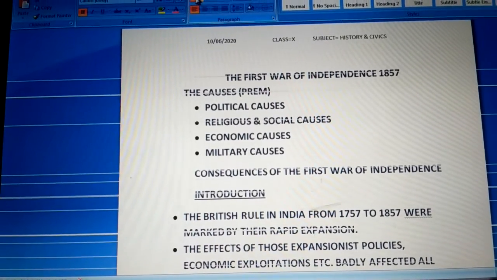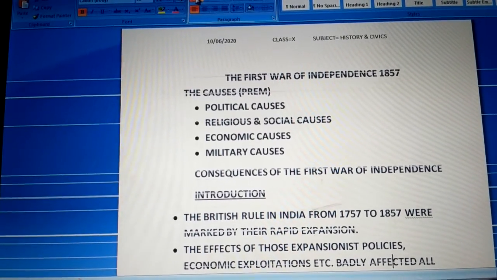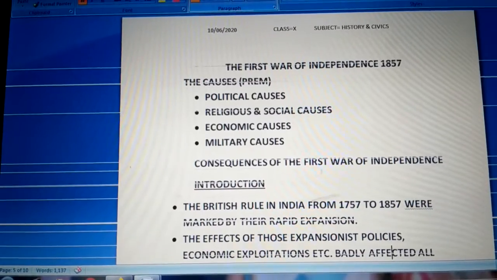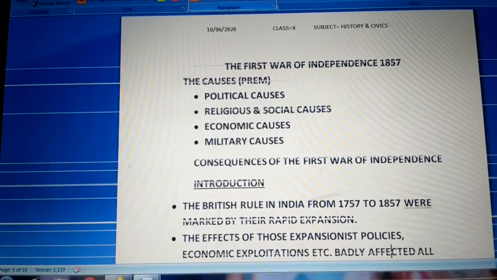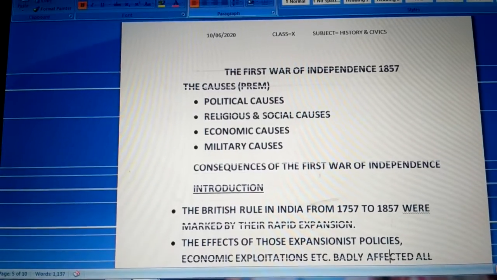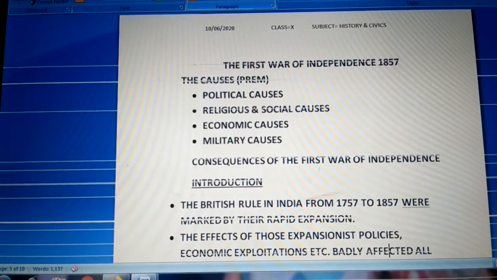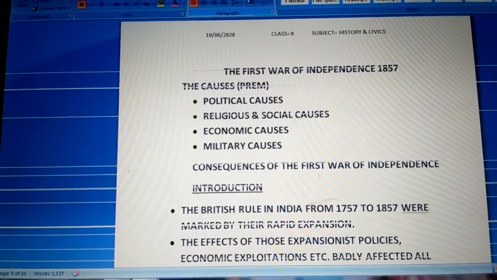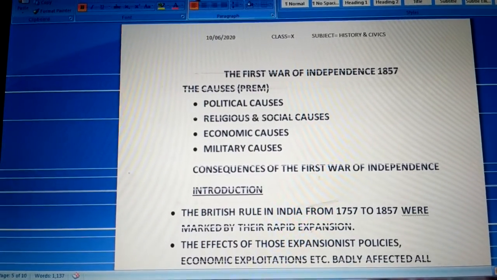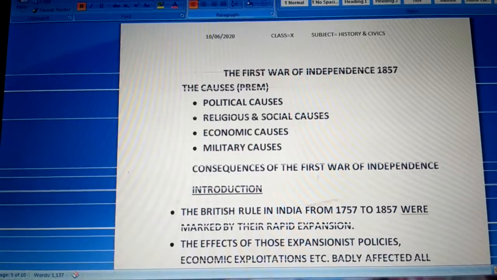So how do we keep these 4 causes in our memory? For your help, I am giving a short name, that is PREM. Very interesting, isn't it? PREM.